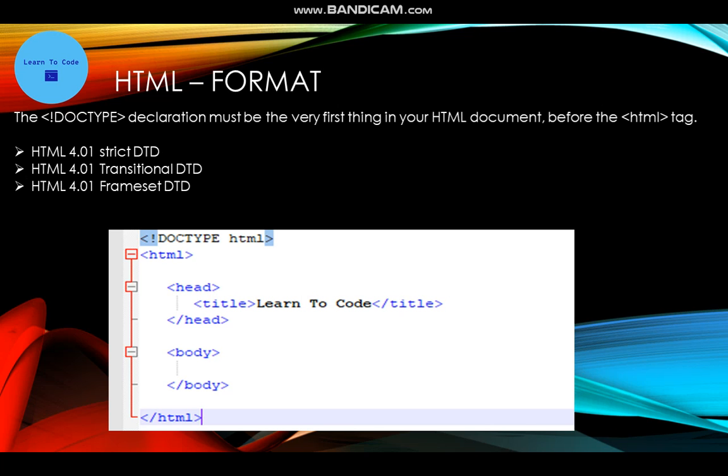And the title is what we mention that will be shown on the browser tab. Here I wrote LearnToCode, and then comes the body, whatever elements and tags we need to declare inside the body section, then the closing tag of body, then the closing tag of HTML. So this is the general format of creating an HTML document.